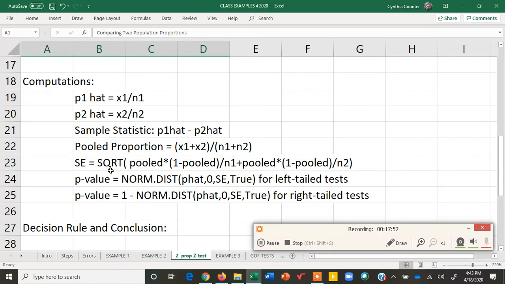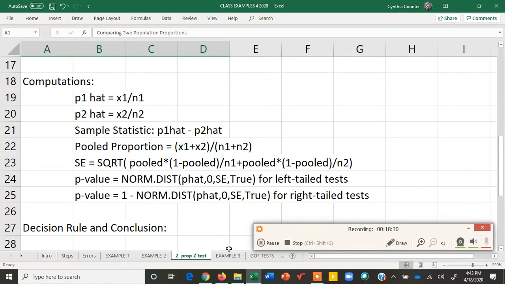The next question might be, if we're already pooling the data, why do we have a sum of two terms, pooled times 1 minus pooled over n? Why two terms if we're using the same pooled in both? Notice that the denominators are different. They correspond to the sample sizes. The sample sizes will be weighted differently in the computation.